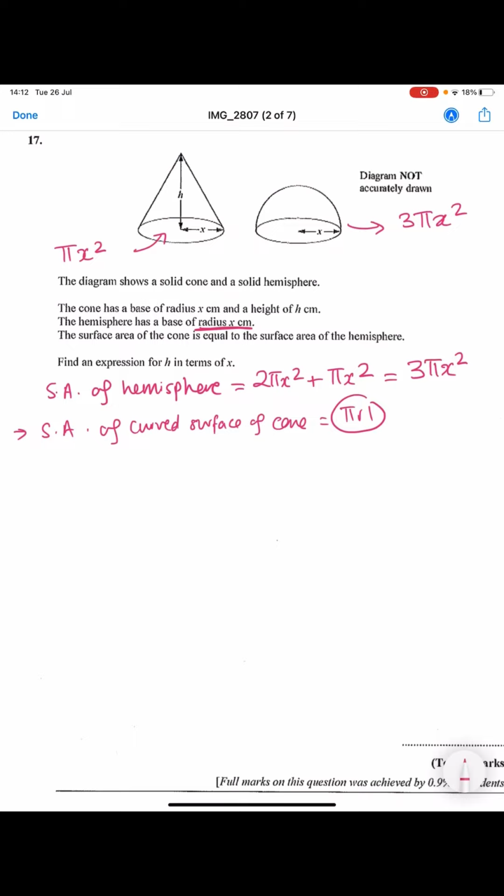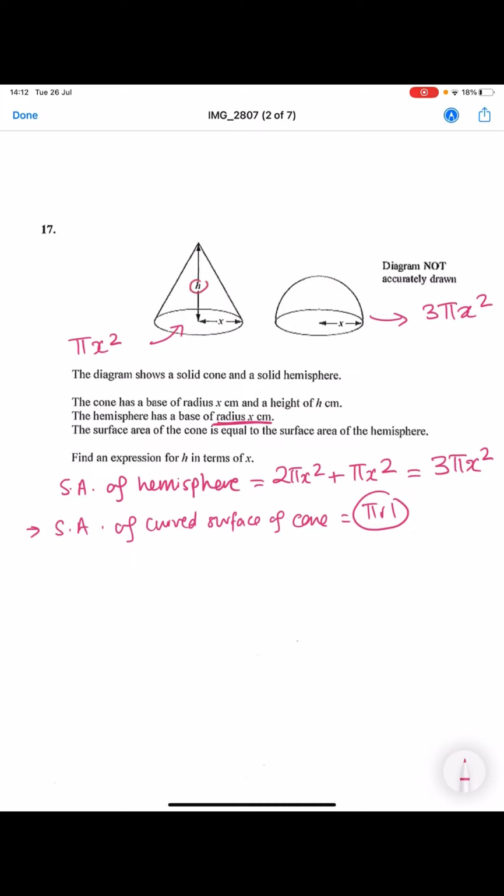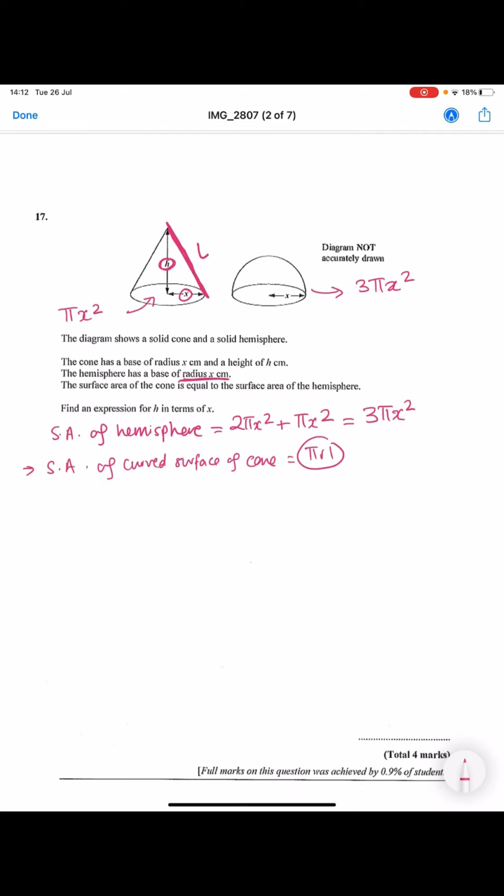What is the length? Sorry, so we've been given the h, height, the radius. Length is actually from the tip of the cone to the base. That is the length. But we need to work that length out.